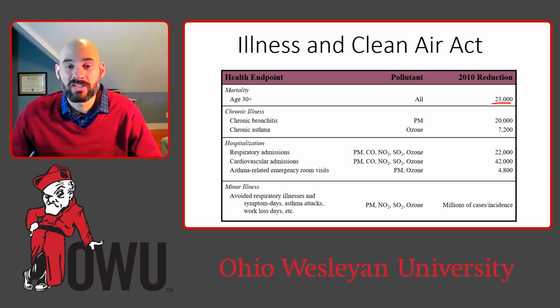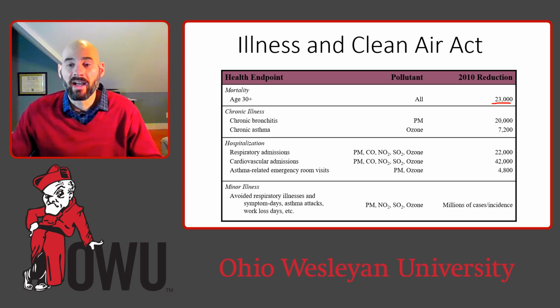In addition to that decrease in mortality, there was a significant amount of chronic illness which was minimized as well, such as chronic bronchitis or asthma. There were many more cases of hospitalization which were reduced due to the Clean Air Act amendments, and millions of cases of minor illness which were reduced.